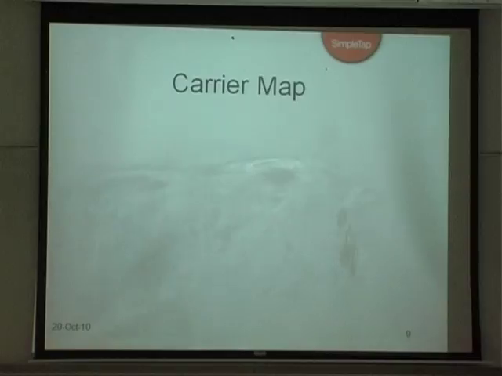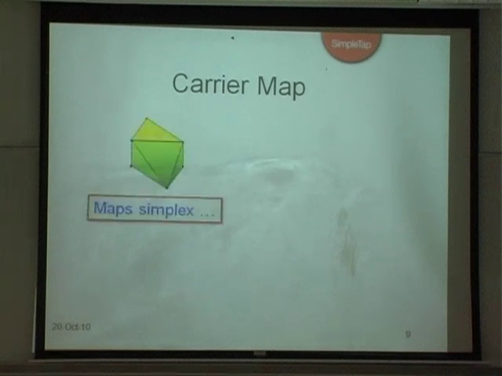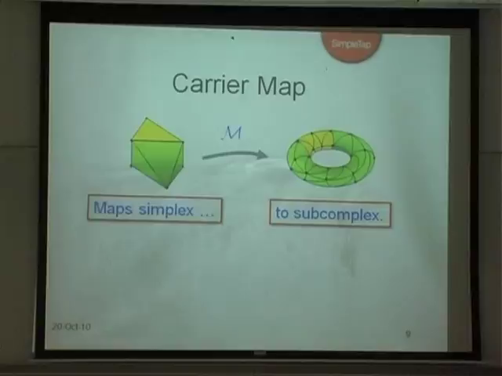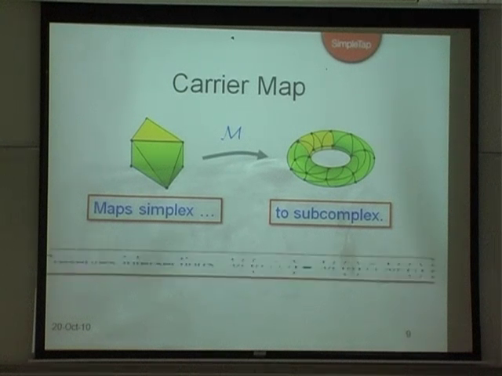There's something else that's slightly more complicated that we care about called the carrier map. So what we do is we take a complex and we pick, for each simplex in there, we map it onto a subcomplex of another complex. So here the yellow simplex on the top maps onto the region over here. And this is something that we'll use a lot for things like problem definitions.